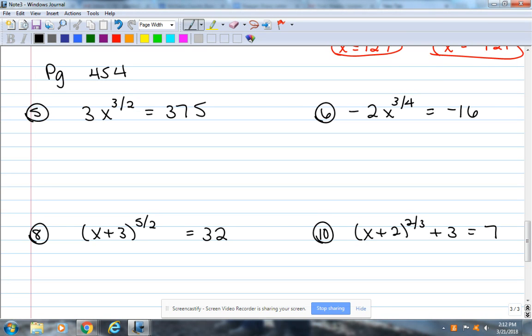Cube root of 8 is only 2. 2 to the 4th power is only 16. 8 to the 1/3 is 2. Your sheet has cube roots, fourth roots, and cube roots. If you get stuck, let me know.